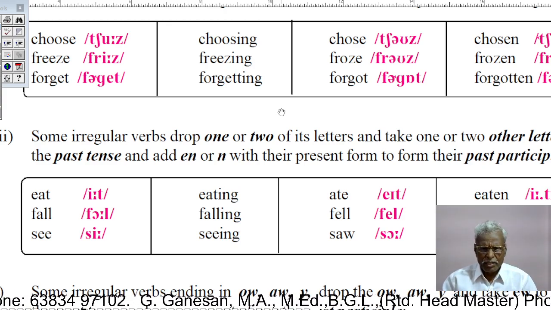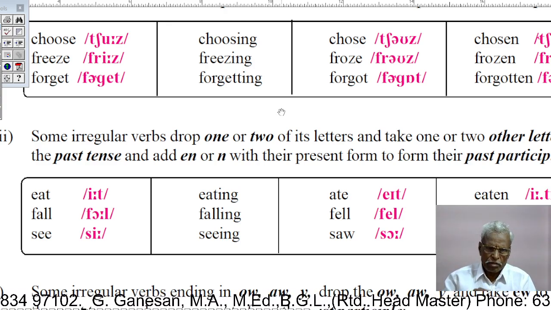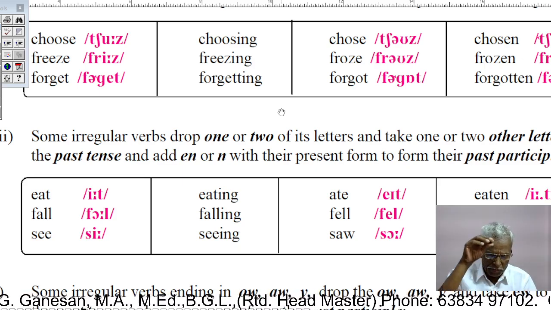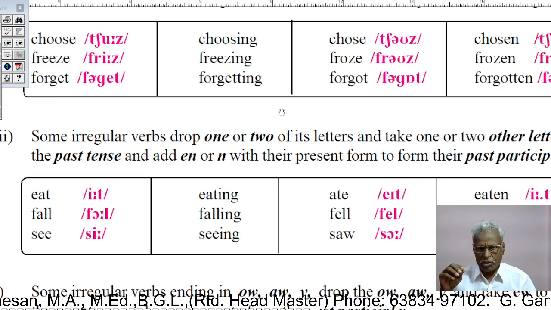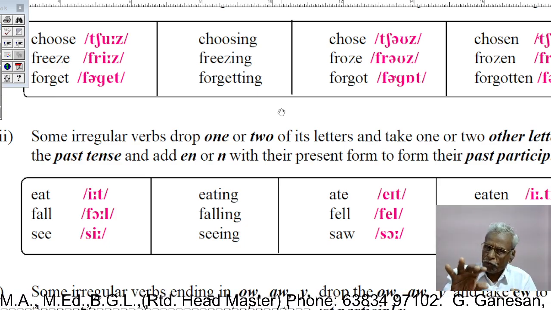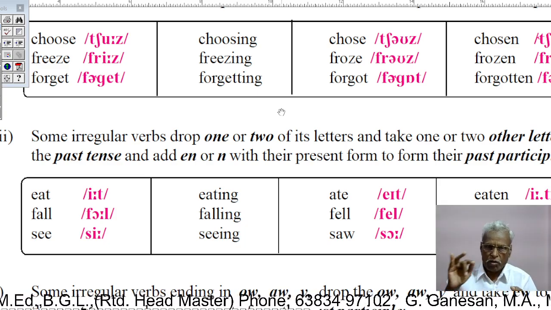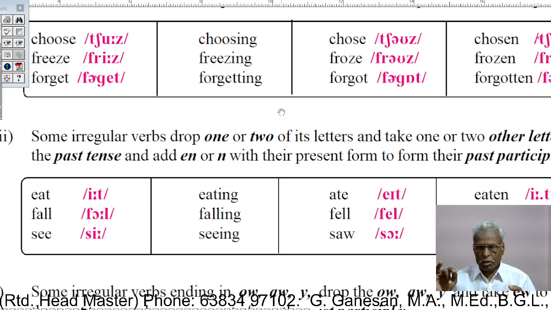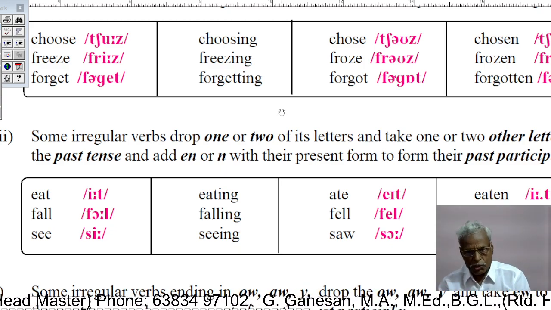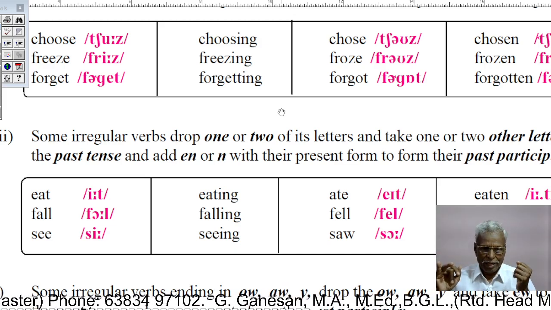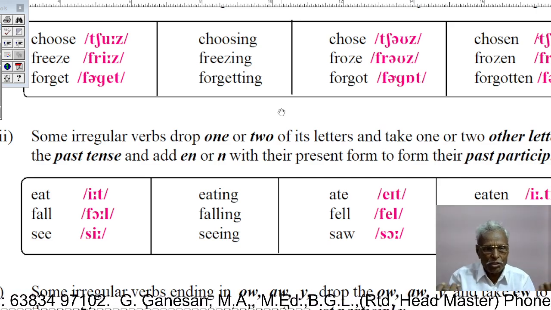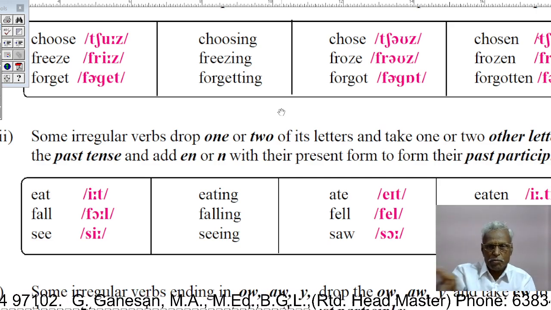Some irregular present verbs drop one or two letters of the present form to form the past tense and take EN with the present form to form the past participle.